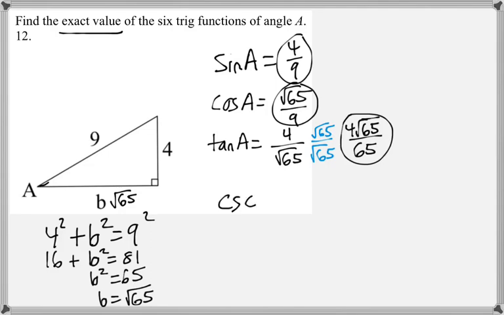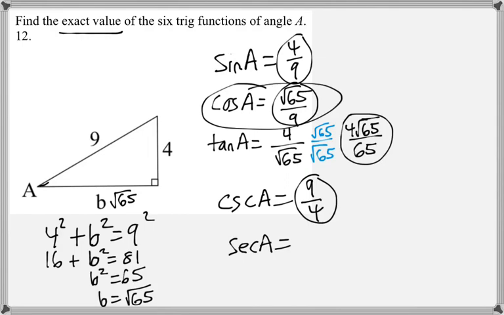For cosecant, that really is just the reciprocal of sine. So that's going to be 9 over 4. Secant is the reciprocal of cosine.